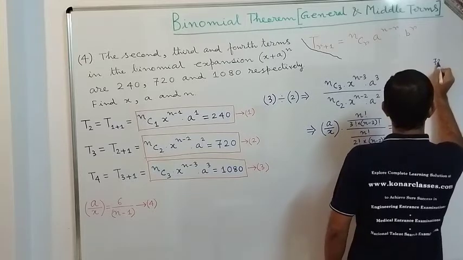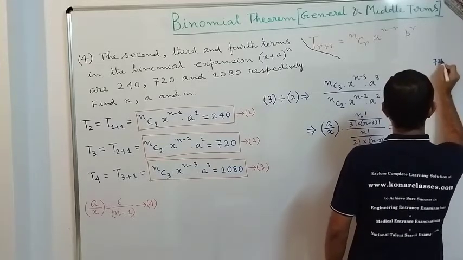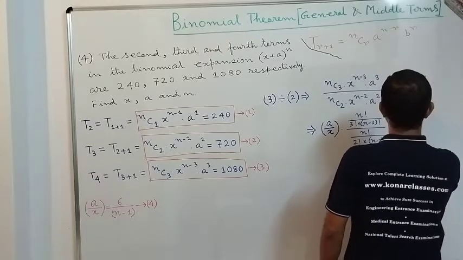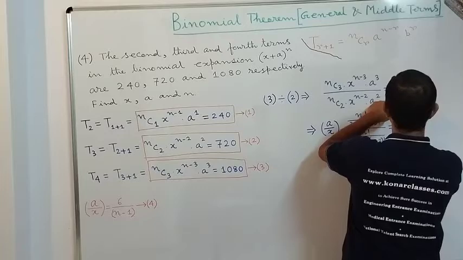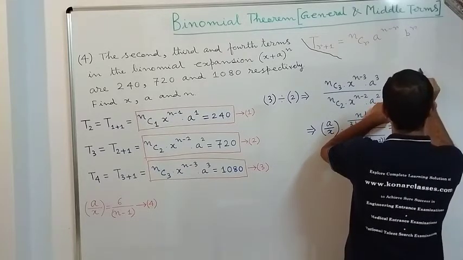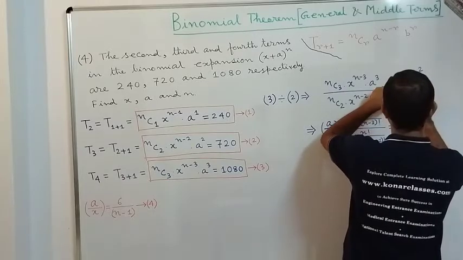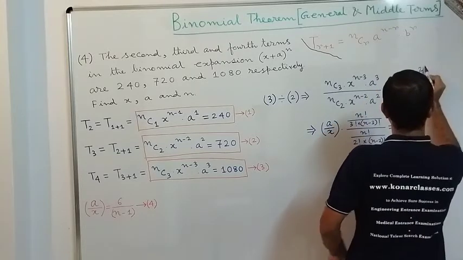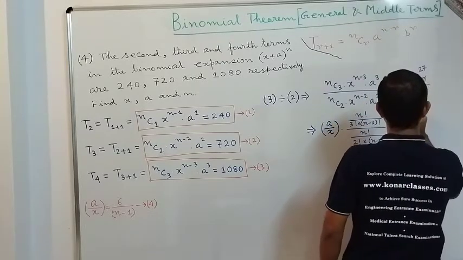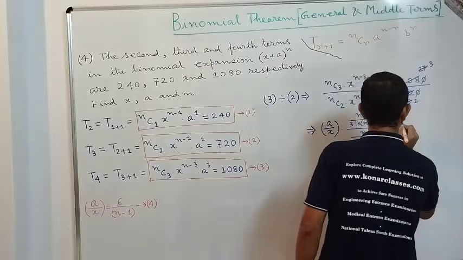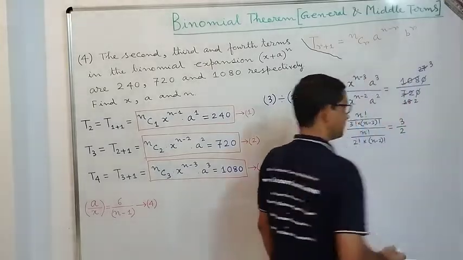Then 18 by 12, if we divide by 4, 27 by 18, then we can divide by 9, 2 and 3. So that is equal to 3 by 2 after simplification, correct, dear students?